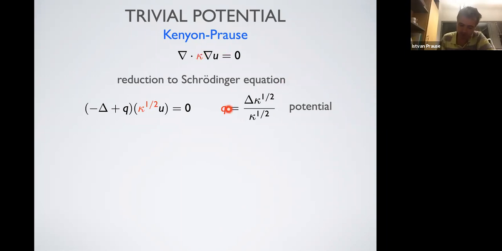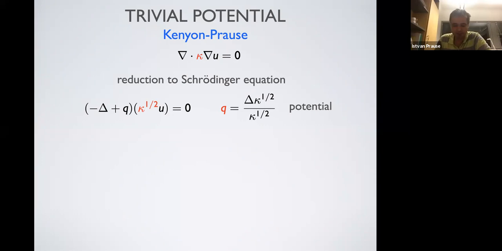So introduce a potential Q, which will be the Laplacian of the square root of kappa divided by the square root of kappa. And instead of asking what U satisfies, ask what the square root of kappa times U satisfies: minus Laplacian plus this potential is equal to 0.